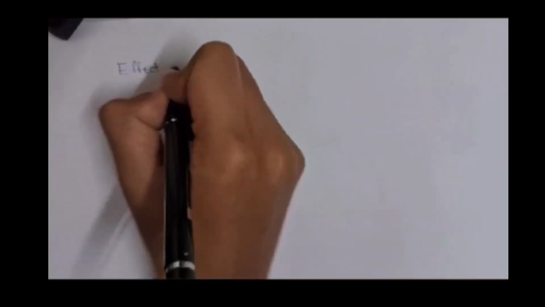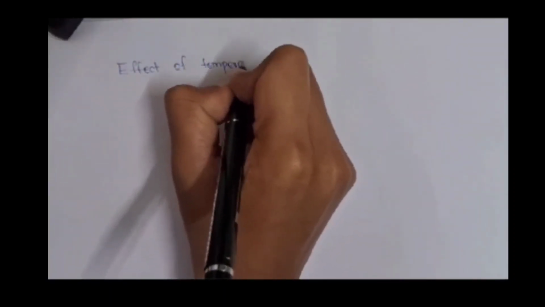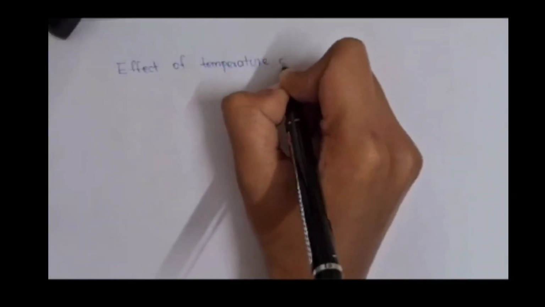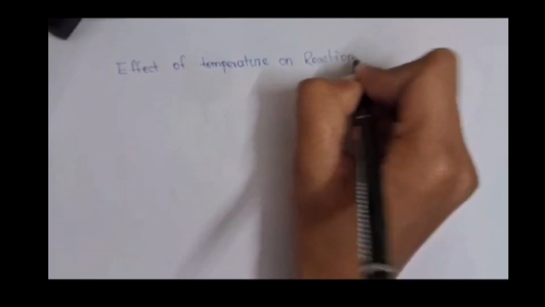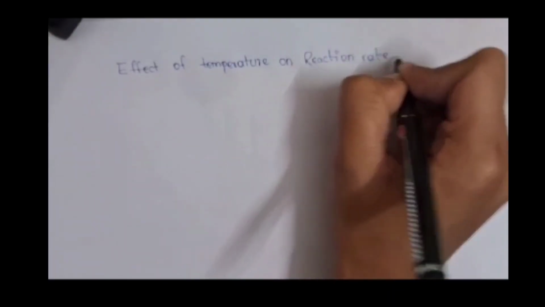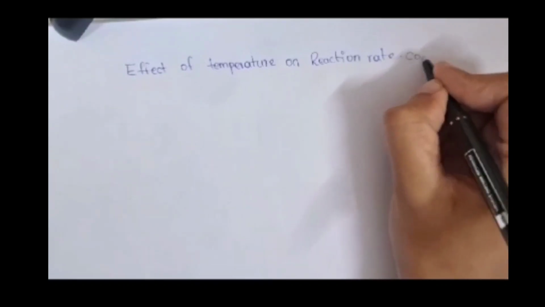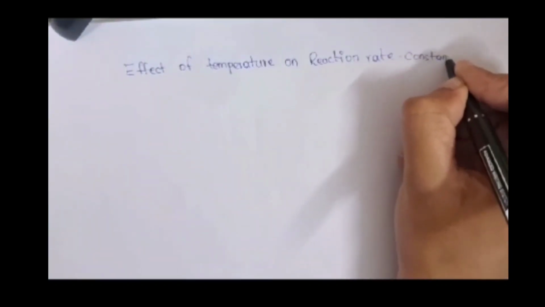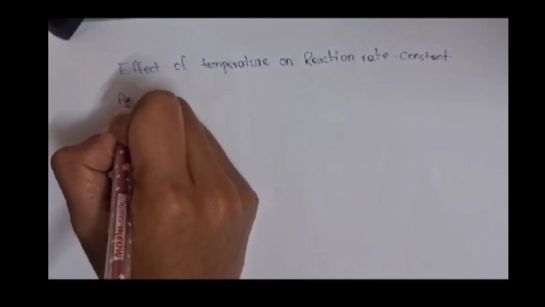Now let's see the effect of temperature on the reaction rate. The temperature dependency of the kinetic equation is given by Arrhenius' law. Arrhenius' law states that the rate of chemical reactions is affected by temperature. The law also states that particles must collide with enough energy and proper orientation for a reaction to occur.